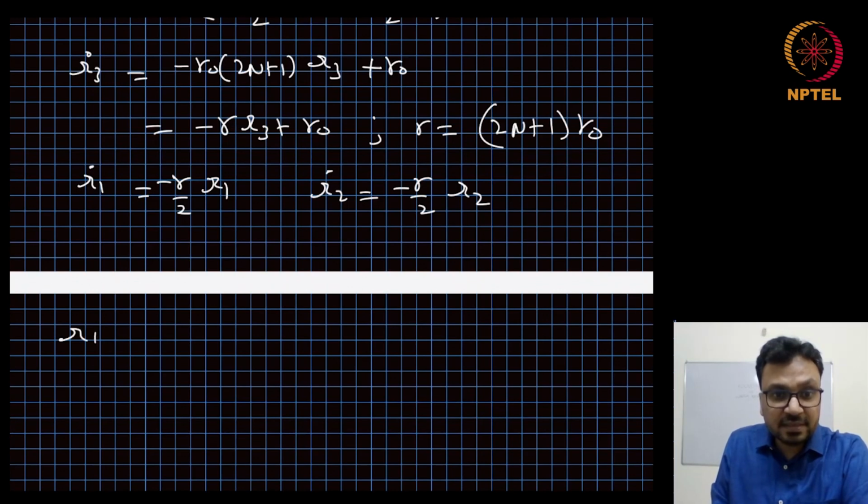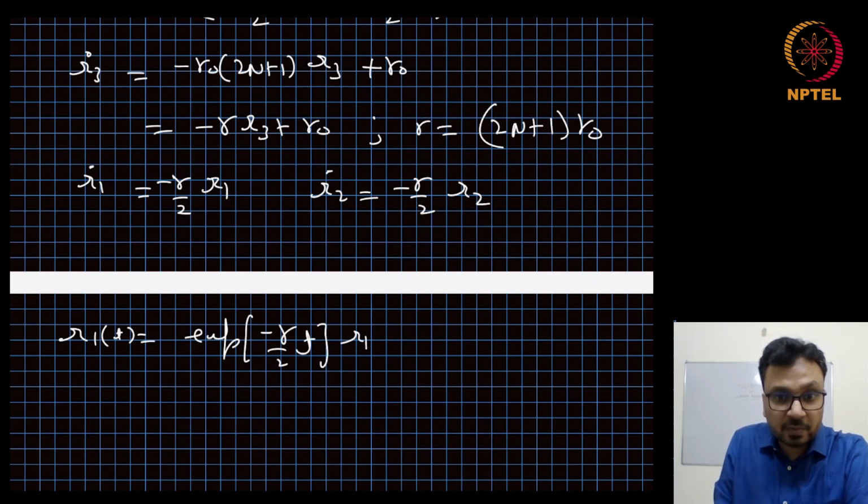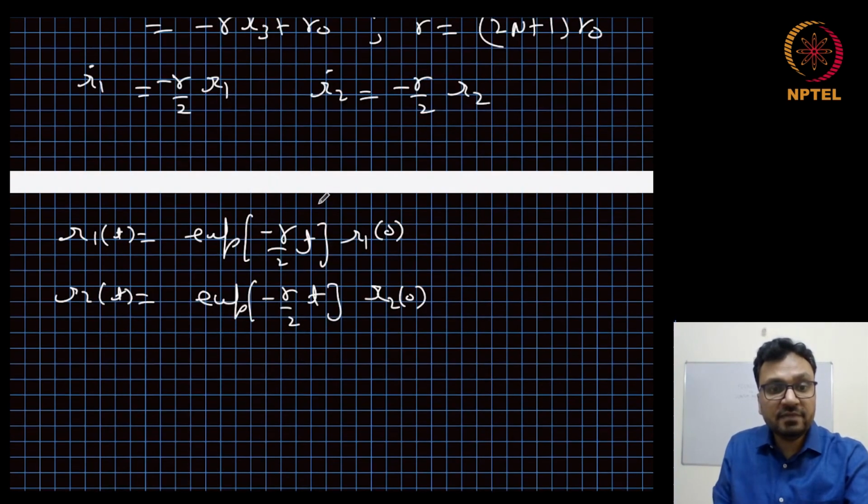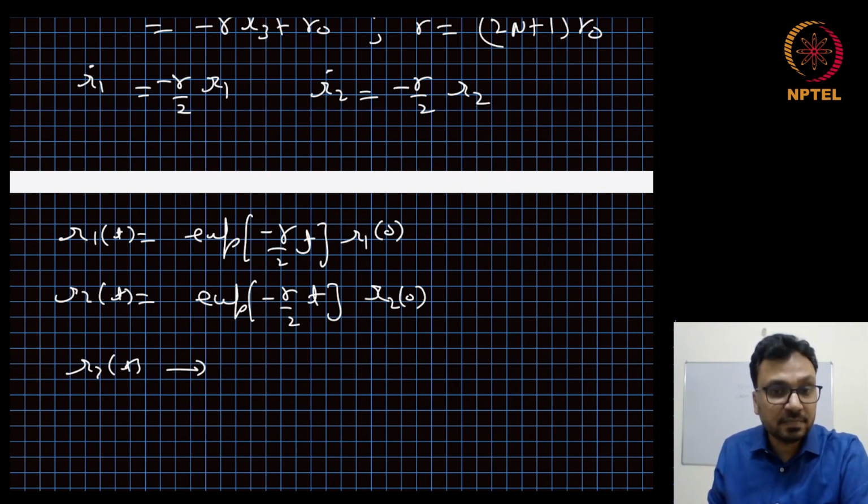From here we can see that R1 of t becomes exponential of minus gamma over 2 t R1 at 0. R2 of t is exponential of minus gamma over 2 t R2 of 0, and we have R3 of t, which is some function of t.